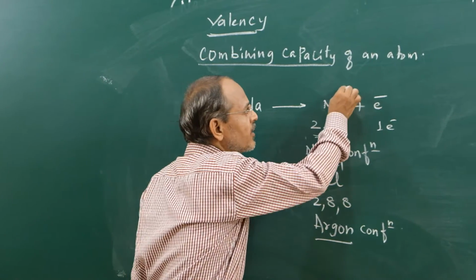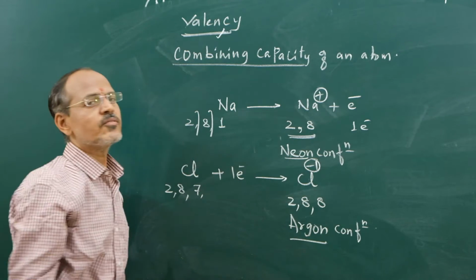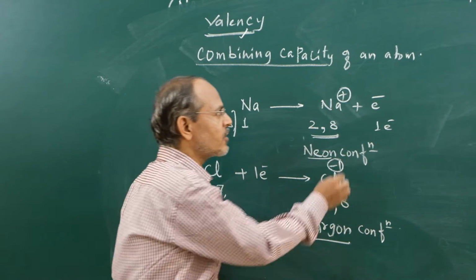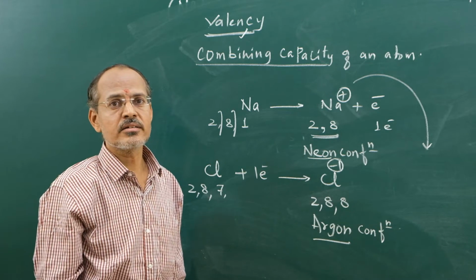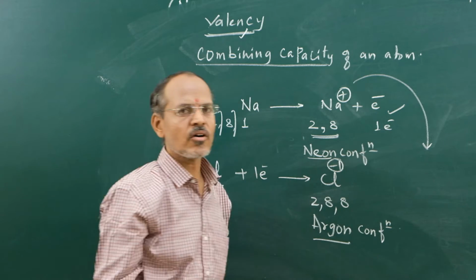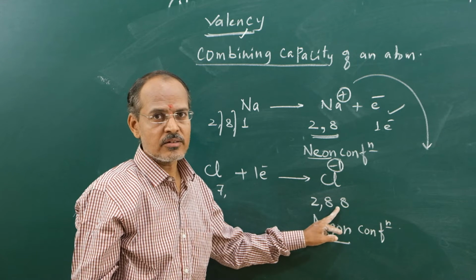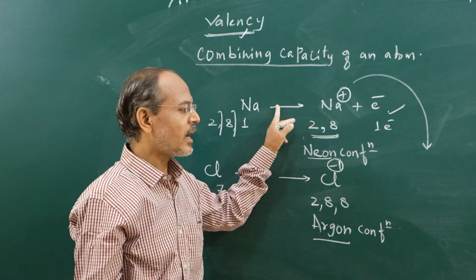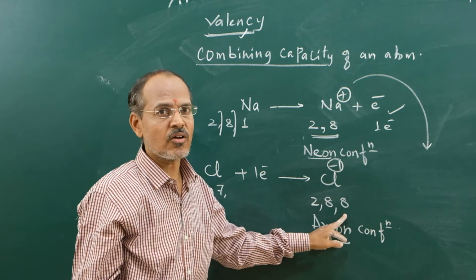Now this plus sign and this minus 1 is nothing but valency, that means combining capacity. So whenever sodium wants to combine with other elements, it starts giving one electron, and whenever chlorine wants to combine with another atom or element, it starts accepting one electron.